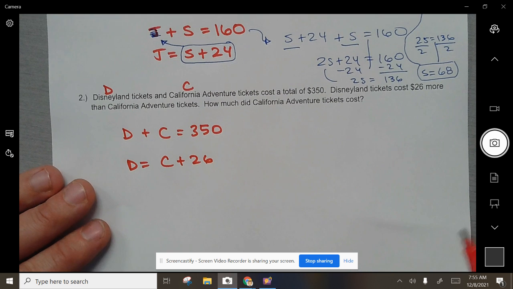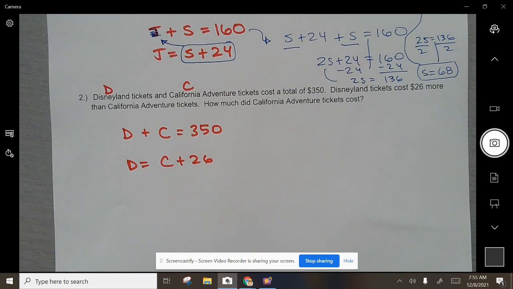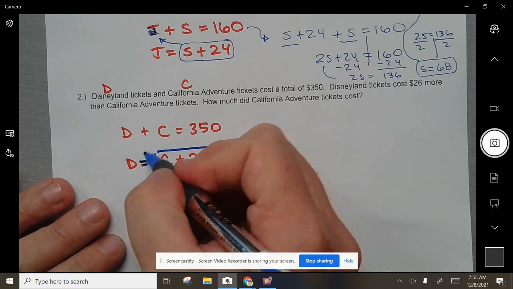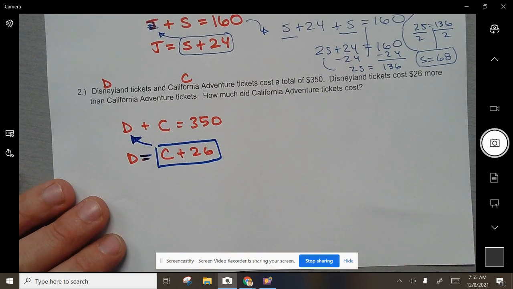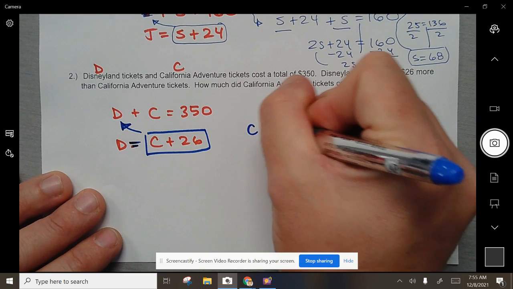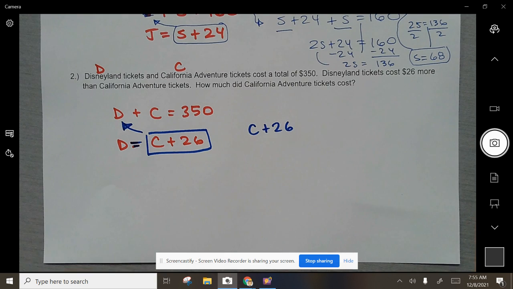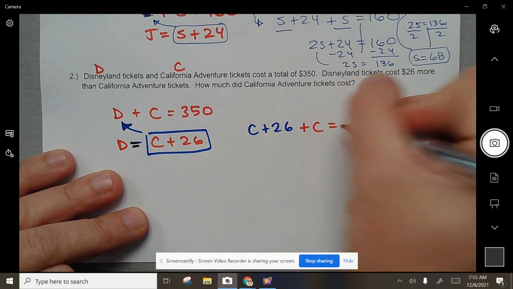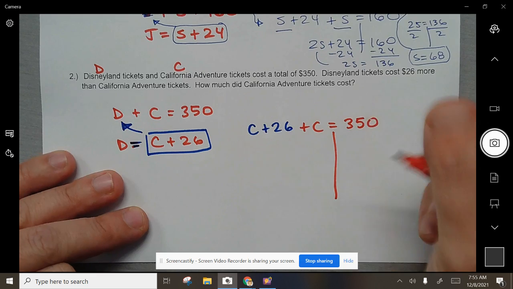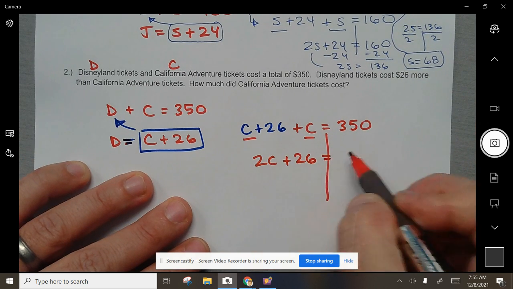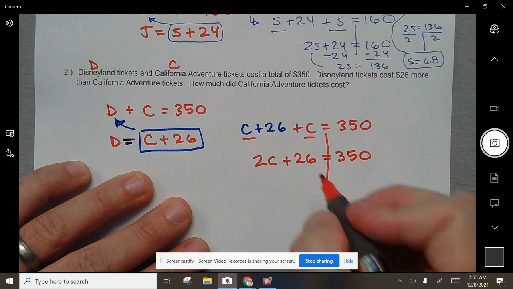All right. Now you have your situation to handle. This all equals something. We can handle this. We can put it right there. C plus 26. I'm putting that right there. Let me write the rest of this equation. Plus C equals 350. Like terms. All right.